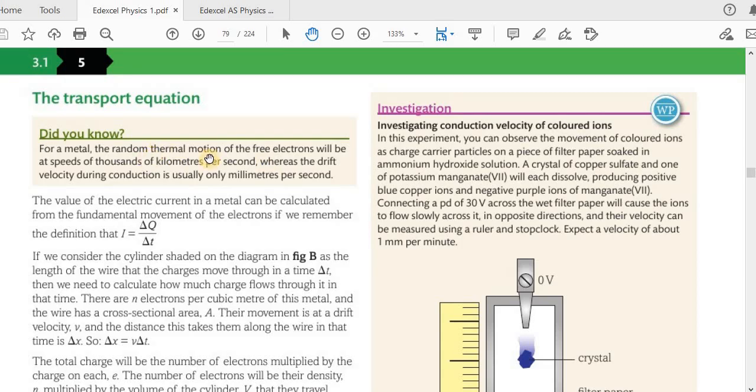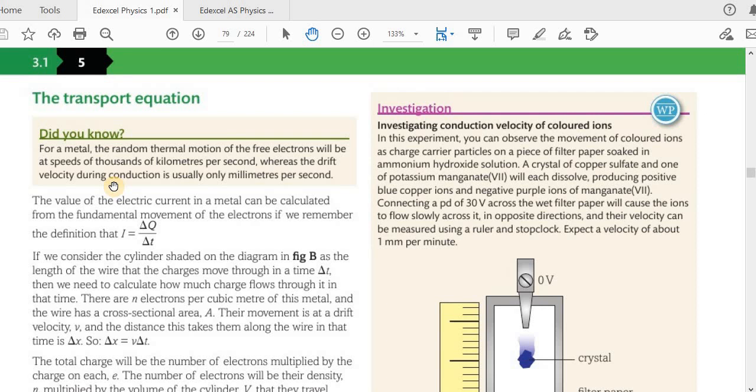Now the electrons will also be moving, so the random thermal motion of the free electrons, because they are above 0 Kelvin, will be at speeds of thousands of kilometers per second, whereas the drift velocity, now you learned what that is. You get the drift velocity when you apply a potential difference across the conductor.